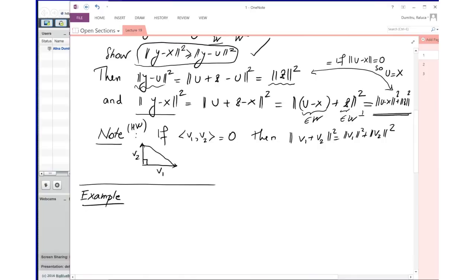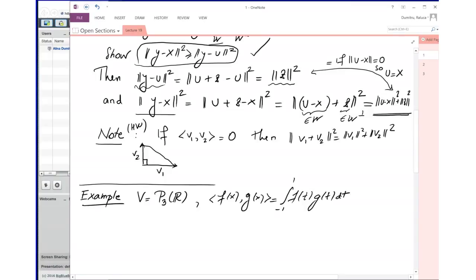For example, the inner product space is V, polynomials of degree at most 3 with real coefficients, with the inner product defined like this: the integral from -1 to 1 of f of t times g of t dt.